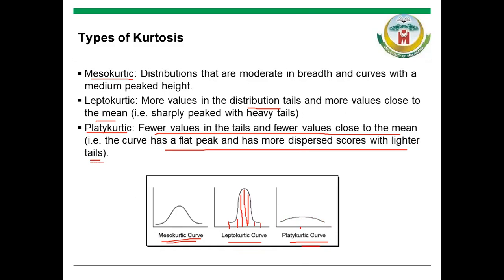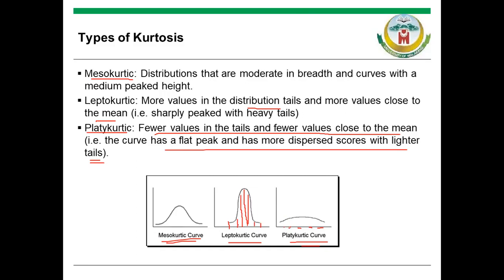There is no sharpness like in this distribution. The distribution for different values is not the same, but close to each other. So this is the platykurtic kurtosis, and here the values are equally distributed.